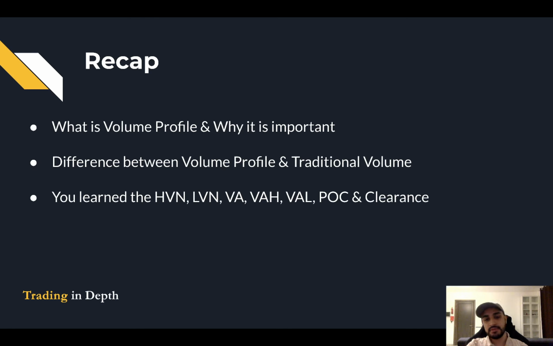And also you can read the context. The difference between volume profile and traditional volume: volume profile covers the volume by price, while traditional volume covers the volume at each specific time range that you set, 1 day, 4 hours, 12 hours, 1 minute, whatever.